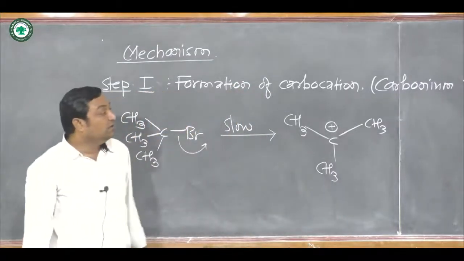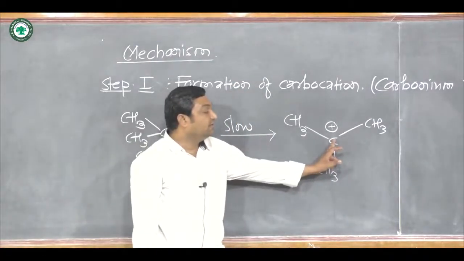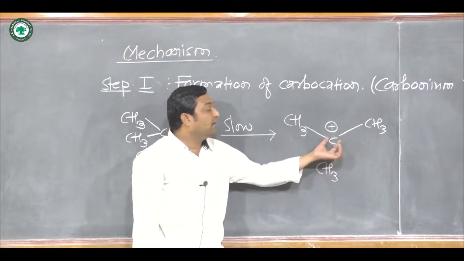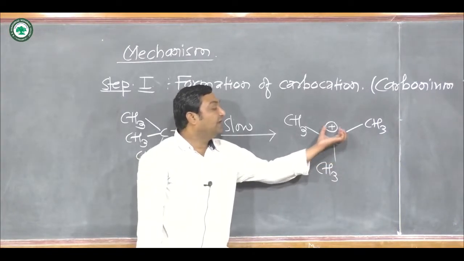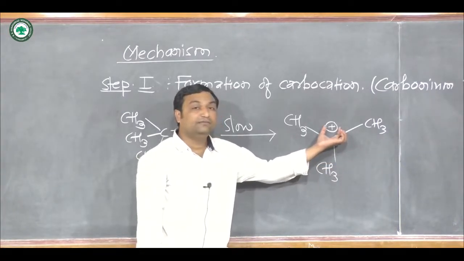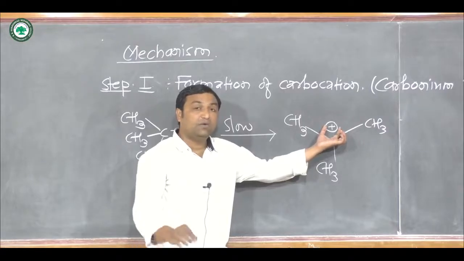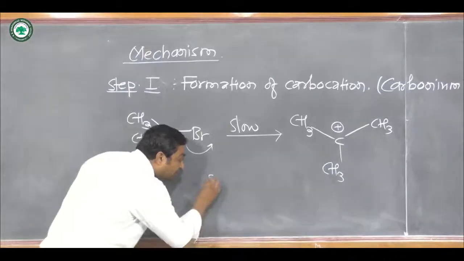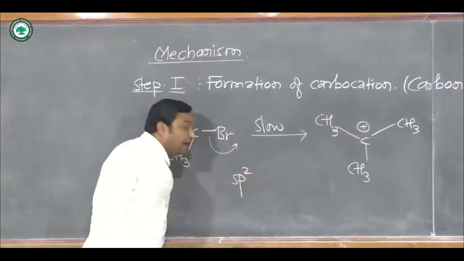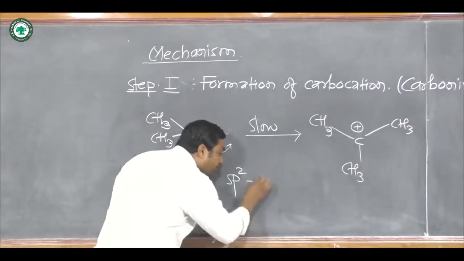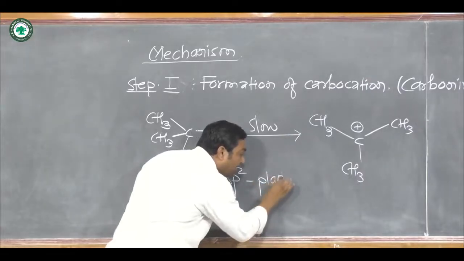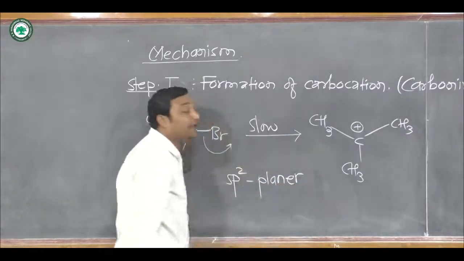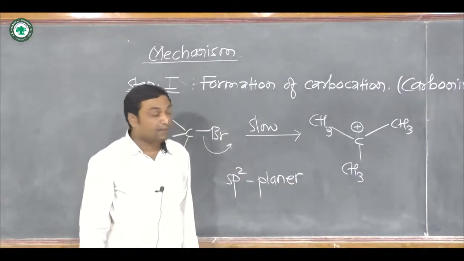We know that the carbon atom which has positive charge, which is called carbocation, is sp2 hybridized, and due to sp2 hybridization, the molecule becomes planar in nature.